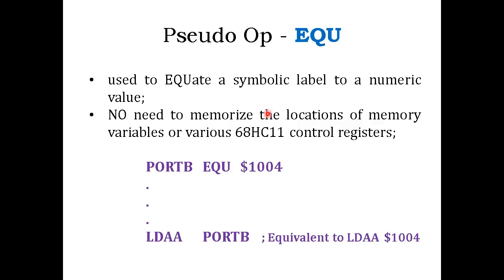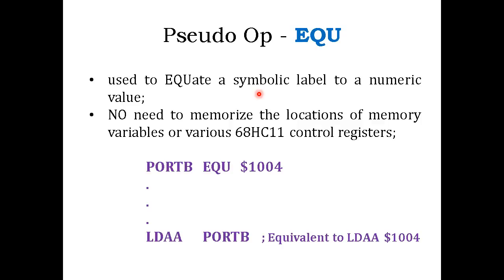Another one is EQU. Remember in lab 2 we used EQU? This is a symbolic label used for a numeric value. A lot of times you will be using a lot of numbers in your program.